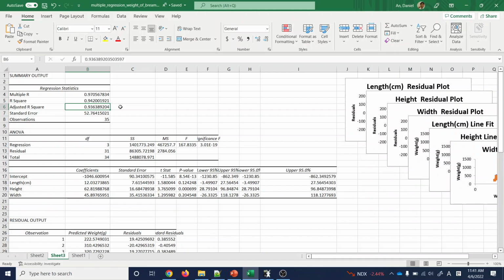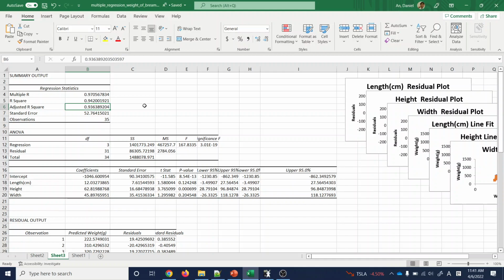That being 93.6% means that 93.6% of the variation of the data can be explained by the regression. I like that better.